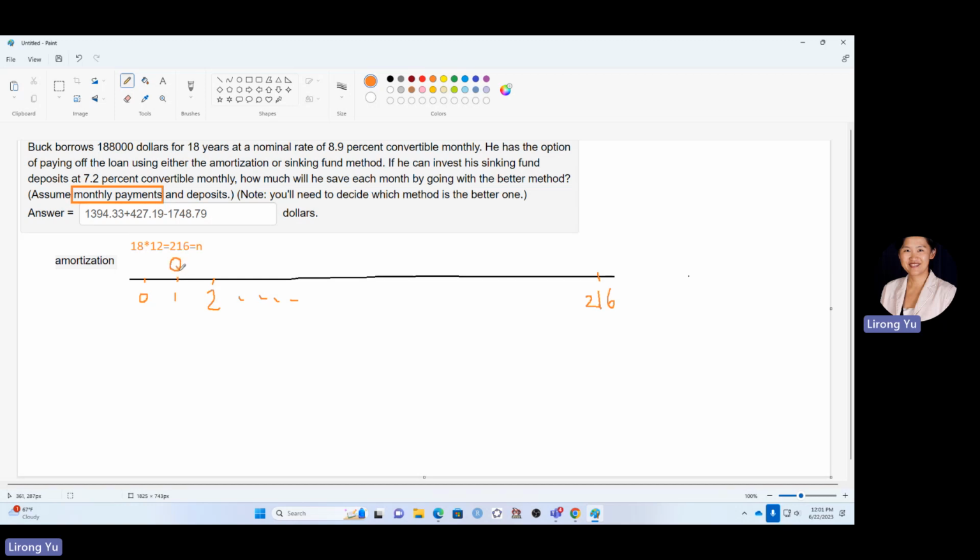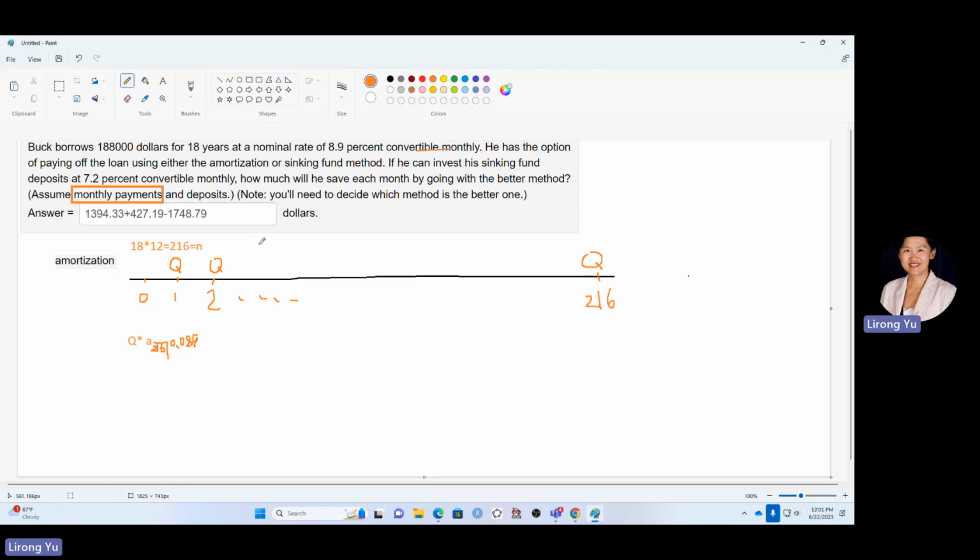Each payment is our monthly payment. Let's call that Q. Assuming we're paying the same amount, that looks like an annuity immediate. So Q times a angle 216, and the interest is 0.089, which we have to turn into a monthly rate.